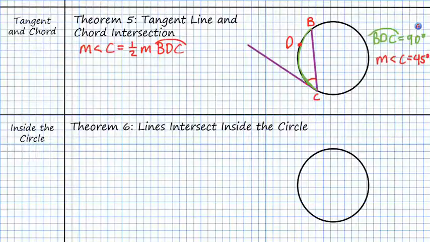Theorem 6 is about two lines intersecting inside of the circle, so two secant lines that intersect inside the circle. This is where we get into relationships with multiple curves.